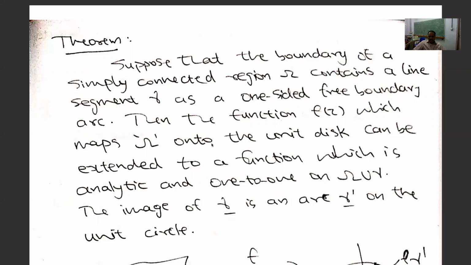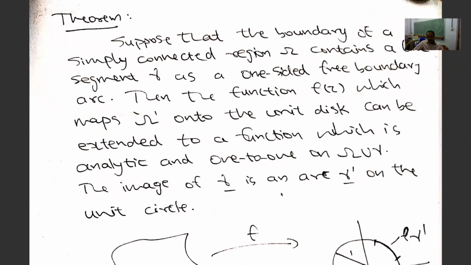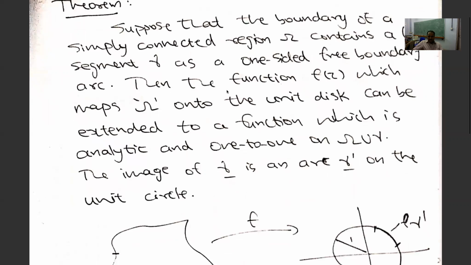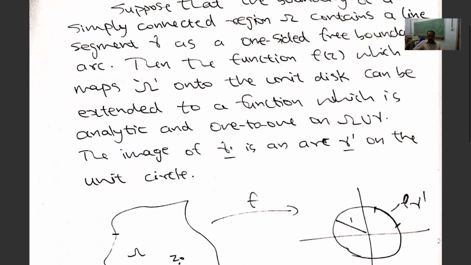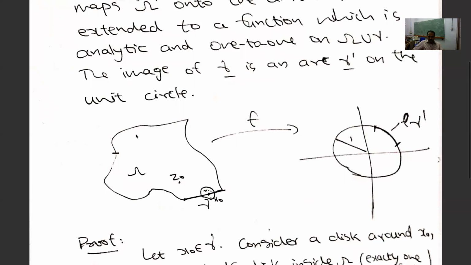Then the function f of z, which maps omega onto the unit disk, obtained by the Riemann mapping theorem, can be extended as a function which is analytic and one-to-one on omega union gamma. I mean, you can extend it to this line segment, which is part of the boundary of omega, in a one-to-one way. Also, the image of gamma will be an arc on the unit circle. So you have a line segment like this, and you already have a map f.